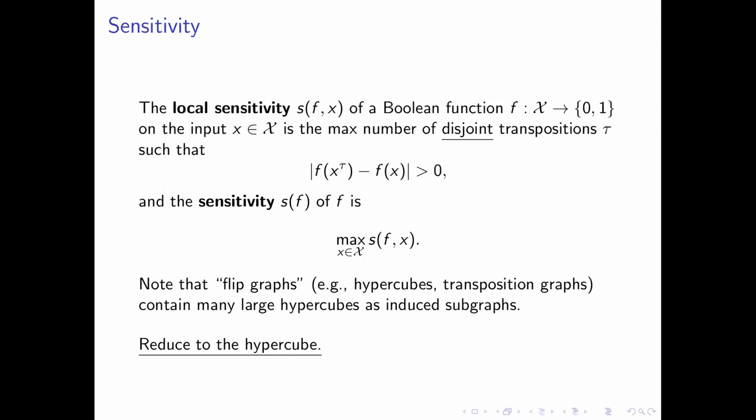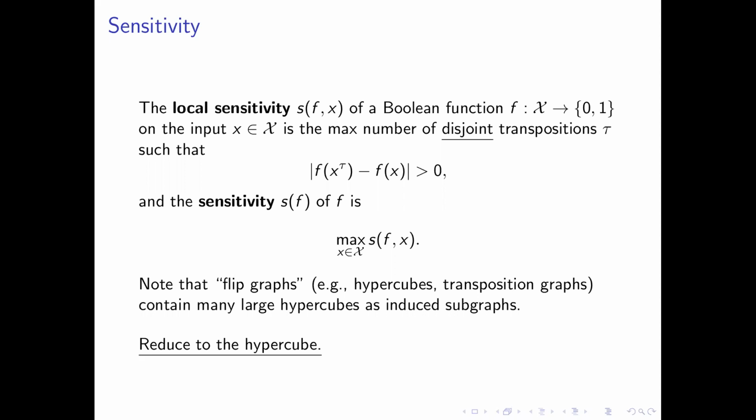And I think for noise sensitivity, the right definition is that you want to just replace disjoint with arbitrary transpositions. And so there are some results in noise sensitivity that consider this different definition where we're no longer requiring the transpositions to be disjoint.